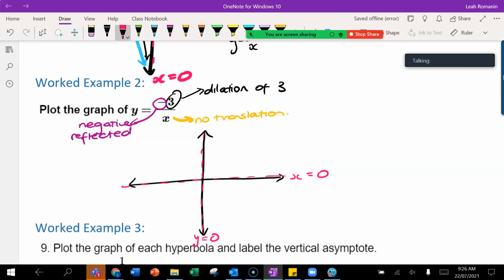Now, dilation factor of 3, so I'm moving a little bit further away from the origin, and I've got that negative, so it's reflected. So instead of being down here and up in the top right, I'm going to be drawing my graph this way and this way. And again, this is because of the negative that has reflected my graph.